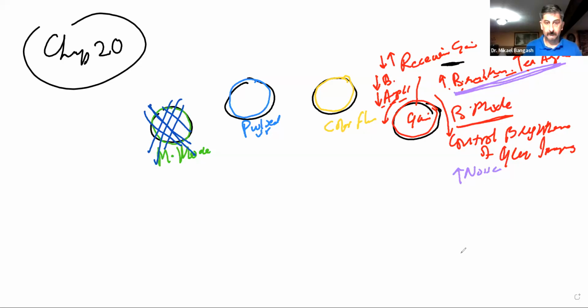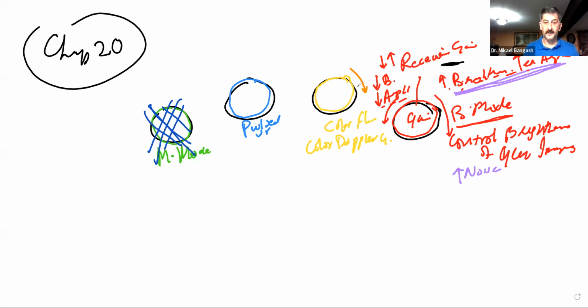Now, girls, we can do the same thing on your color Doppler, which we'll just call color Doppler gain. Let's do it this way.